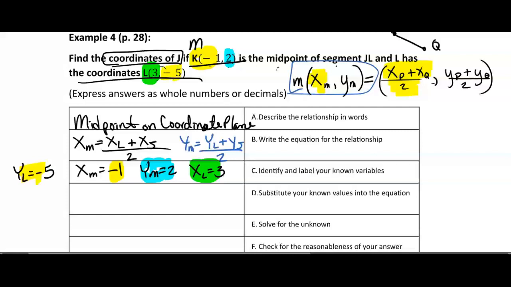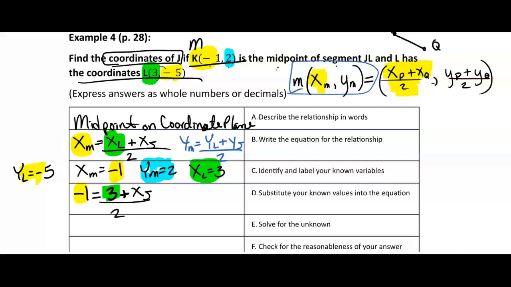Okay, I'm going to substitute these into my equations. So in this case, I know x sub M is -1 equals x sub L, which is 3, plus x sub J, which is what I don't know and I'm trying to find, divided by 2.